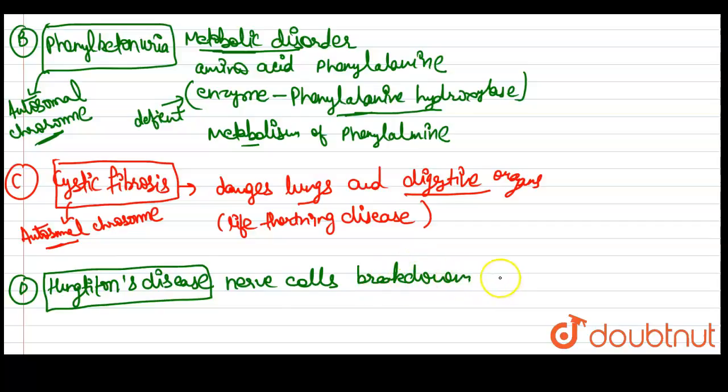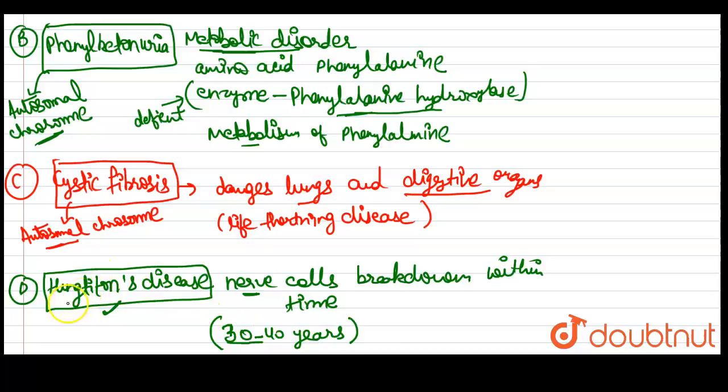As time passes, the nerve cells break down because of this disease, and it is more prominent in adults from 30 to 40 years.